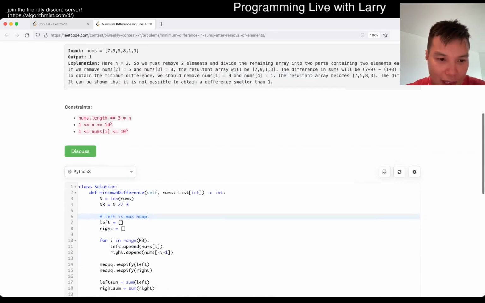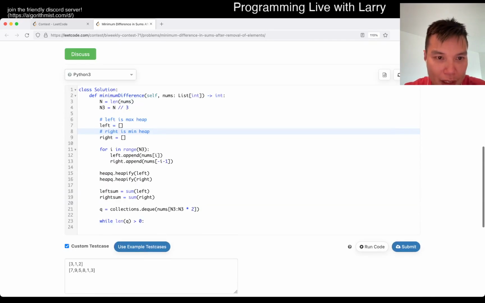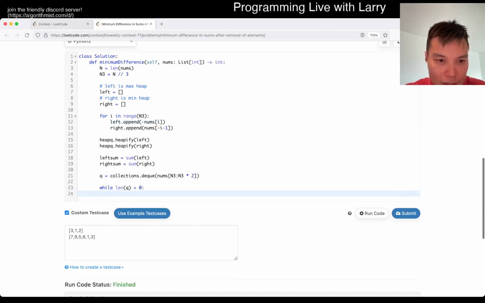Okay, fine, Larry. This is like exposition just so I don't forget. So because we want a max heap, we do a negative number here. Yeah, unfortunately, there's no easy way to do it, right?